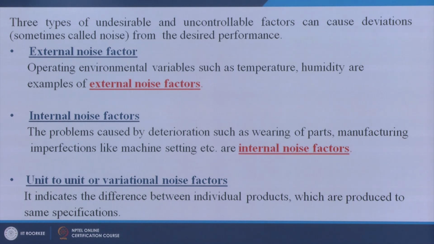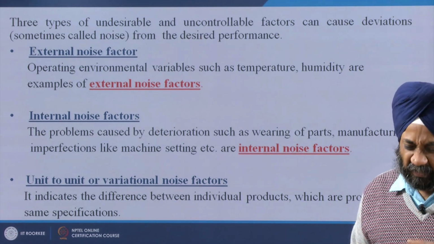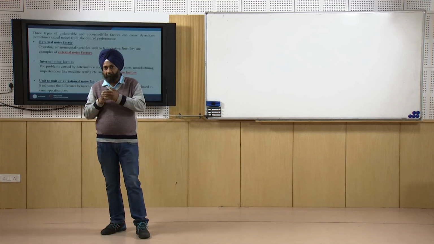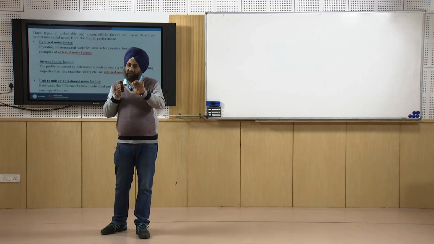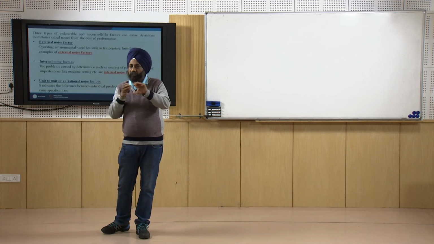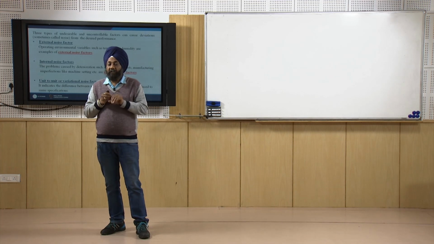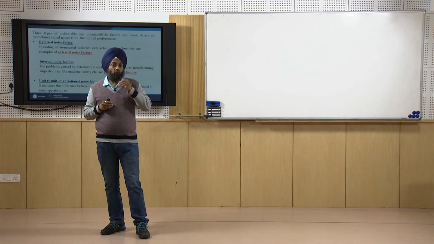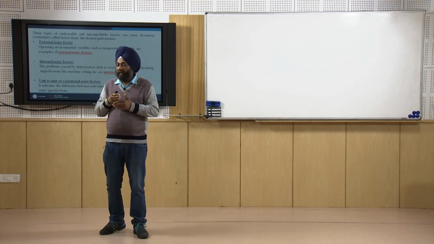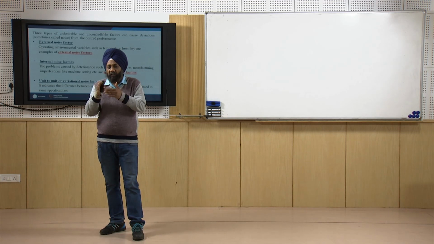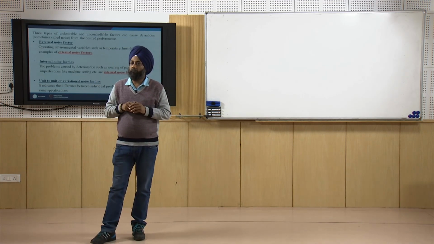In internal noise factors, suppose we are machining a shaft and we are using a single point cutting tool to turn the shaft. An internal noise factor can be that over a period of time the work holding device and the tool holding device have worn out and there is a little bit of movement between the tool and the workpiece, which is spoiling the surface finish of the product.